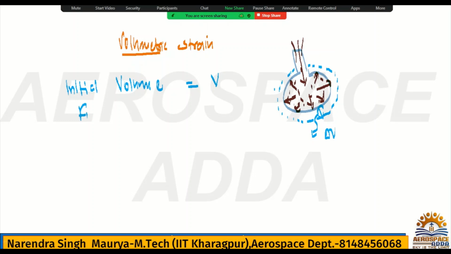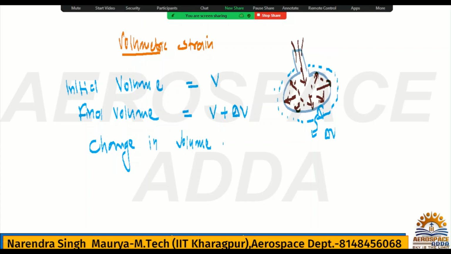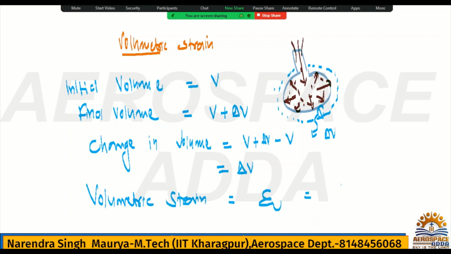So final volume becomes V plus delta V. Change in volume is nothing but V plus delta V minus V, that means delta V. What is volumetric strain then? It's epsilon V, change in volume delta V by V, change in volume by original volume. That is called volumetric strain.